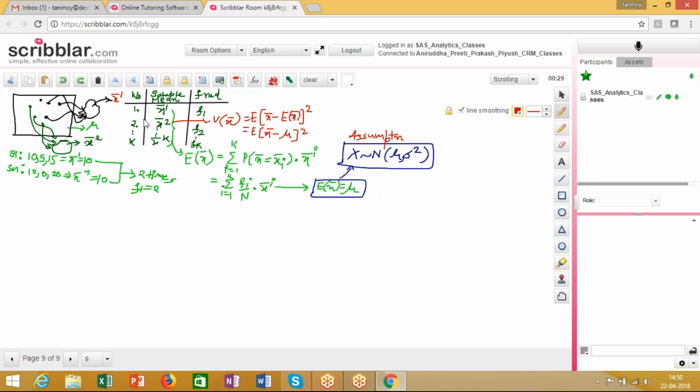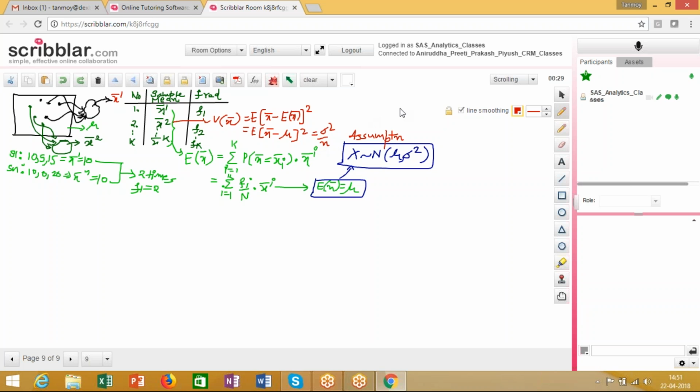So there is always a variation. Now, this variance of X bar is also important for us to know in order to understand this distribution. So what is the variance of X bar? This variance is defined as sigma square by n.